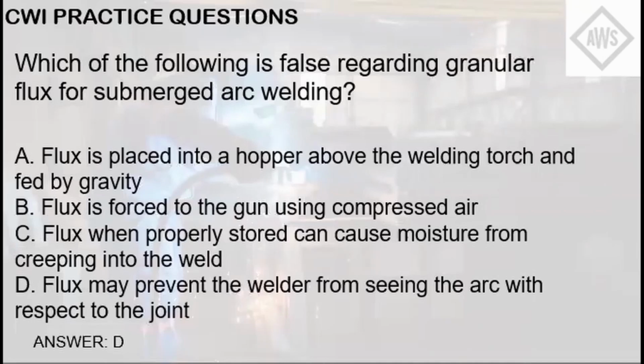If it is properly stored, it can function properly, as to not let moisture creep into the weld. It must be stored properly to preserve its function, to prevent the weld from atmospheric attacks, basically from hydrogen, oxygen, and all those kinds of stuff. So the answer here is letter C, not D.